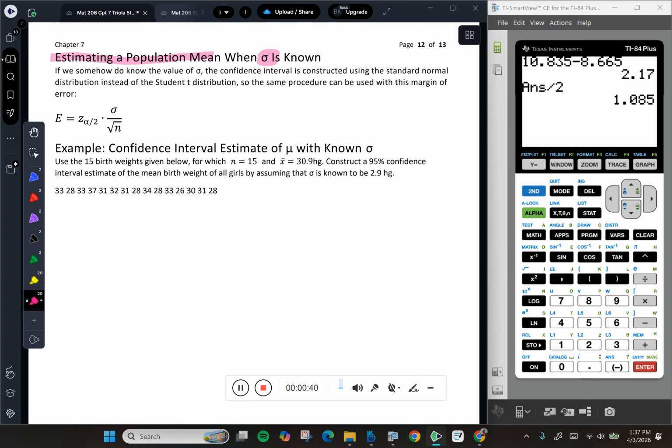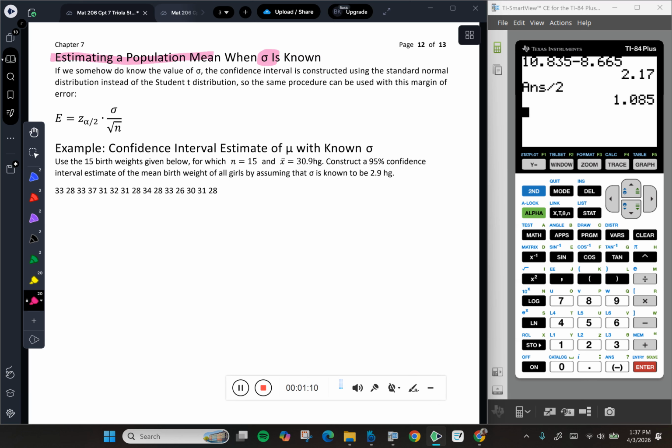I don't know how someone could know a population standard deviation if they didn't know the population mean, because the math to find the standard deviation first requires that you have the population mean, because it's in the calculation for the standard deviation. Okay, but let's just dispel reality and pretend that this situation was possible.